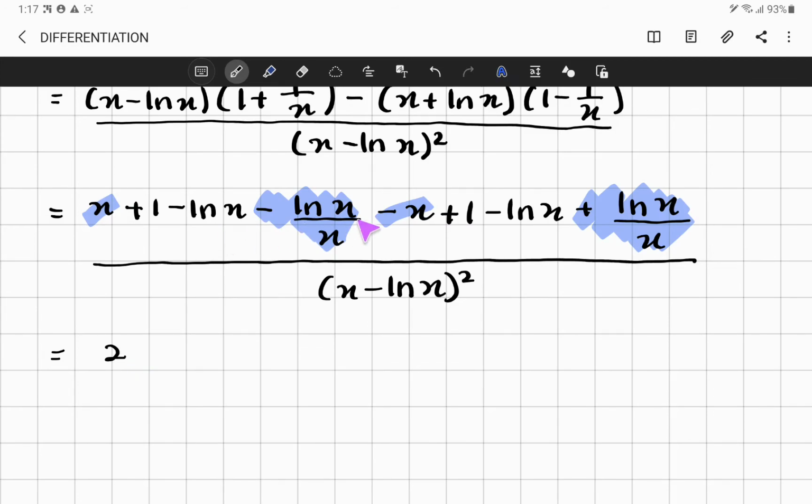Negative ln x minus ln x is negative 2 ln x. We may factorize this 2 and it's going to become 2 times (1 - ln x) divided by (x - ln x) squared.